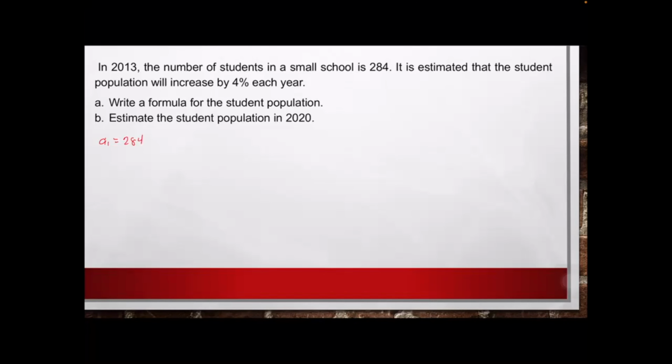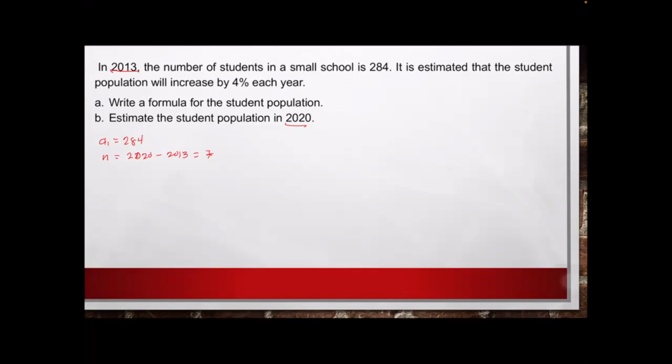Next, we have to find your n, because we have to estimate the population from 2013 to 2020. So your n is equal to 2020 minus 2013. So, therefore, this is 7. So, 7 is our n. Then, the population increased by 4%.